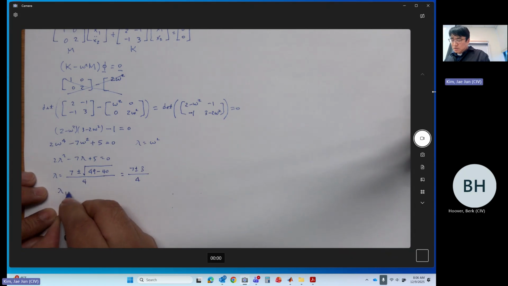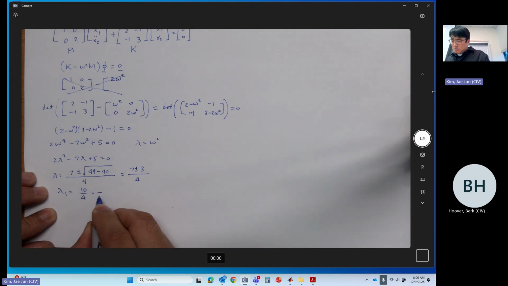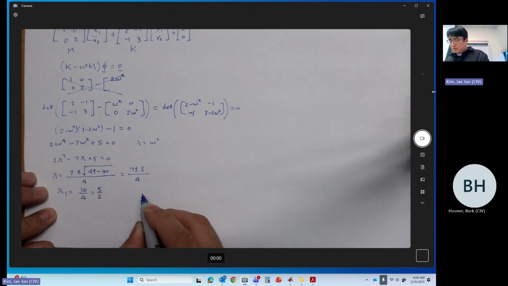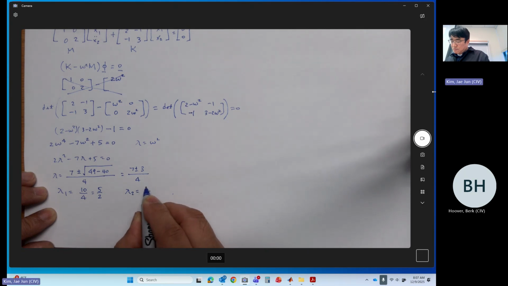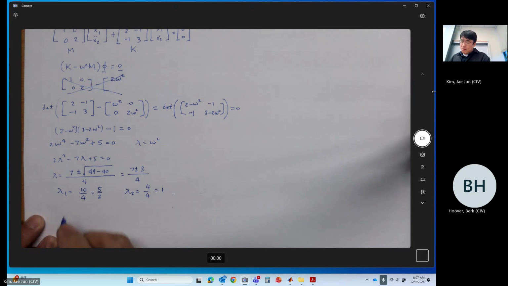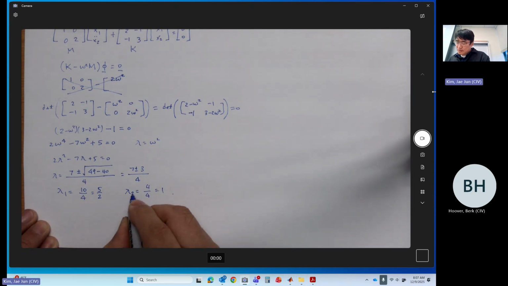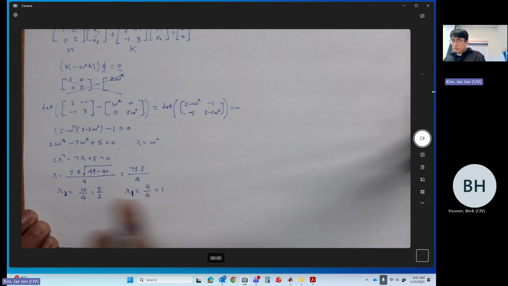So lambda 1 is 10 over 4, which is 2.5. Lambda 2 is 4 over 4, which is 1. Let's order from the smallest.